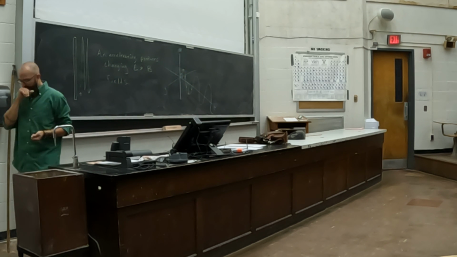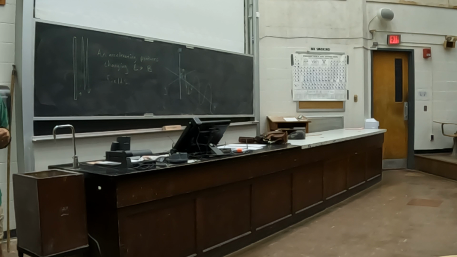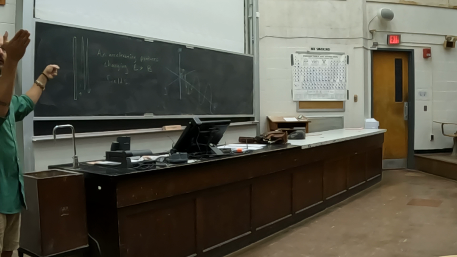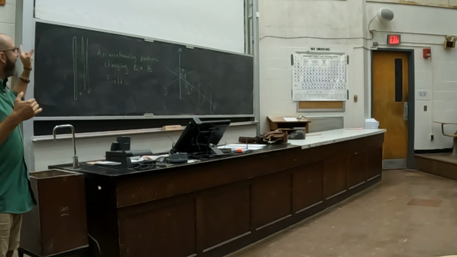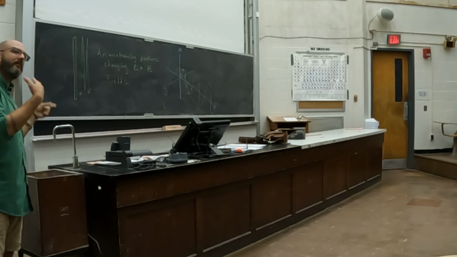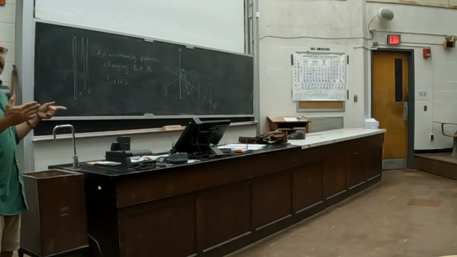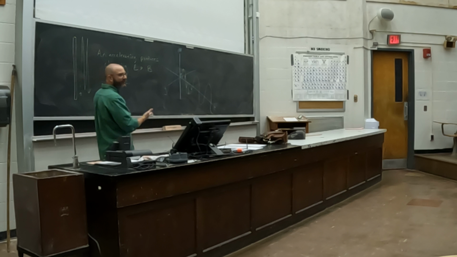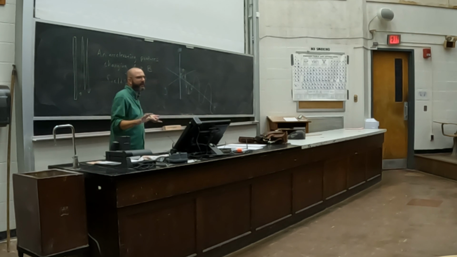Now my B field, what I've said so far is it's going to oscillate in phase, which means the 0 points of the E field are the 0 points of the B field. The maximum points of the E field are the maximum points of the B field, and vice versa. I'm not going to try to draw the amplitudes the same because they're not going to be the same.